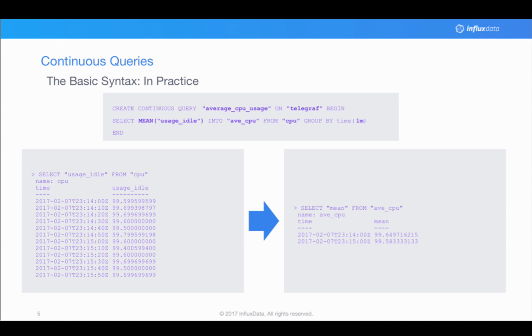So here we've got 10-second granularity data, standard collectd or Telegraf, and we're downsampling that into 1 minute data. Pretty easy example.